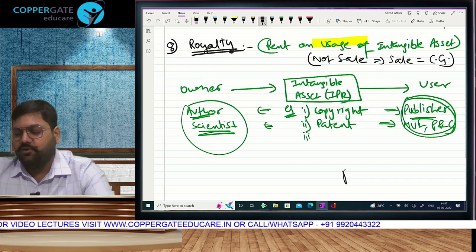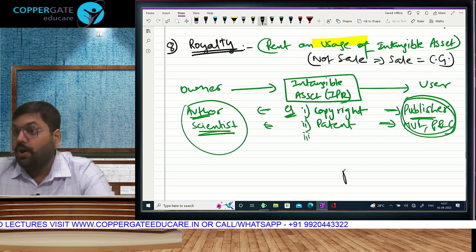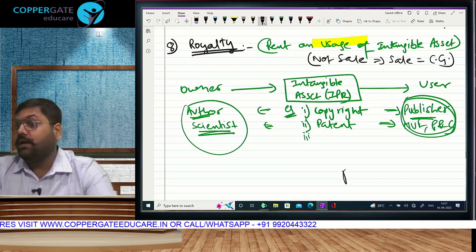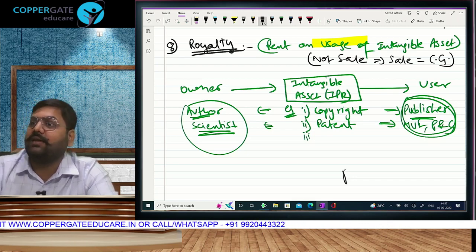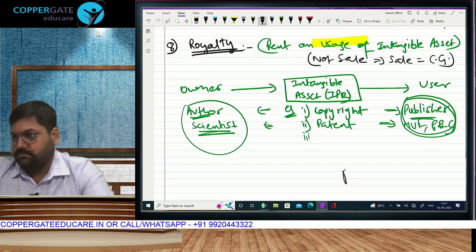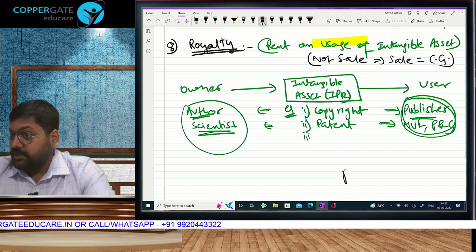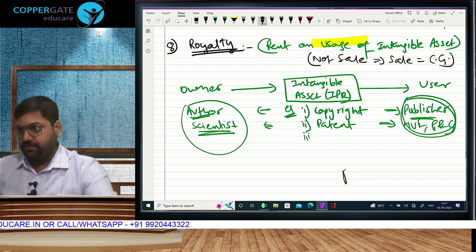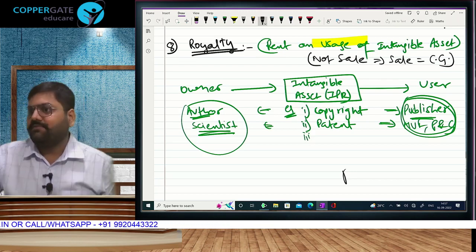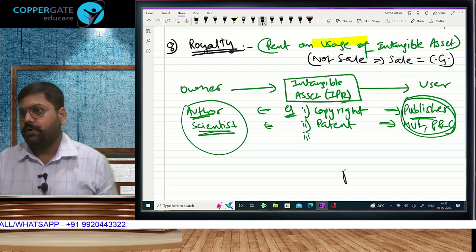Have I sold the right of my lectures? No, I have not. I have only allowed them to telecast my lectures in their app. This would have been capital gain if I kept my lectures for 1 year and did not sell to anyone else, and full profit is yours.